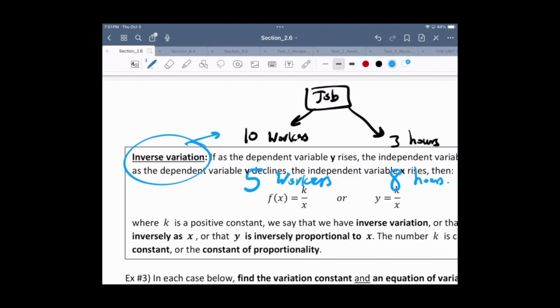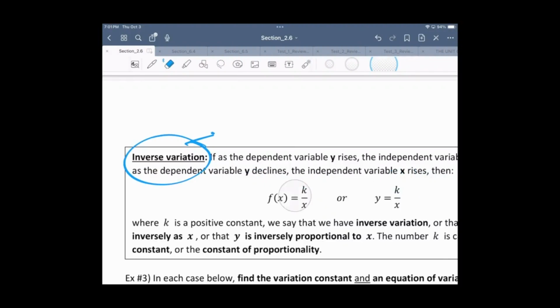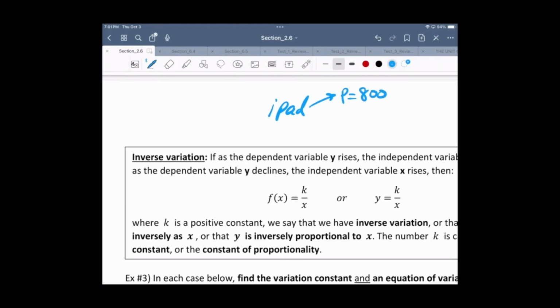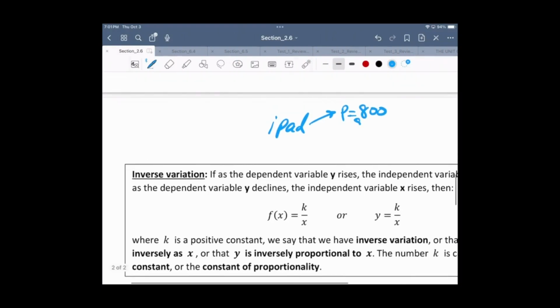Another famous example for inverse variation, I'm sure you've heard of this a lot, is the relationship between price and demand. If there's a hot commodity such as this iPad that I'm working on, they are very, very popular. So for an iPad, just for the sake of argument, if the price is $800, then the demand, let's say, could be $10,000.